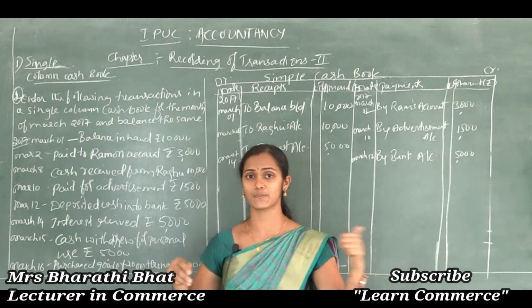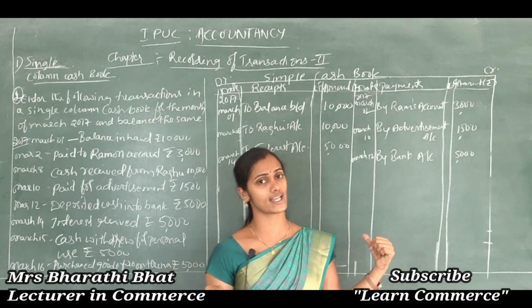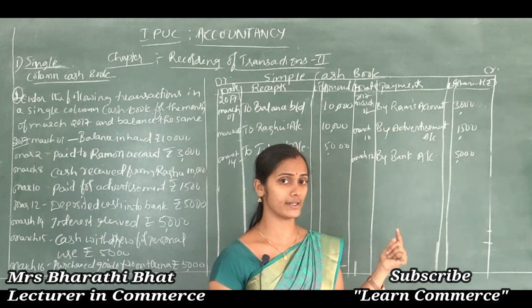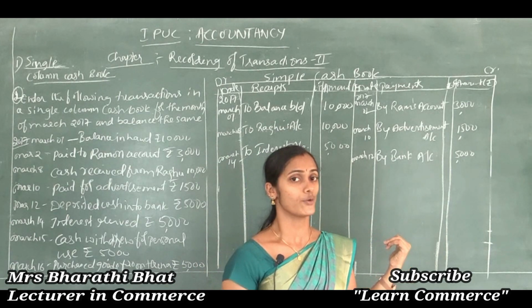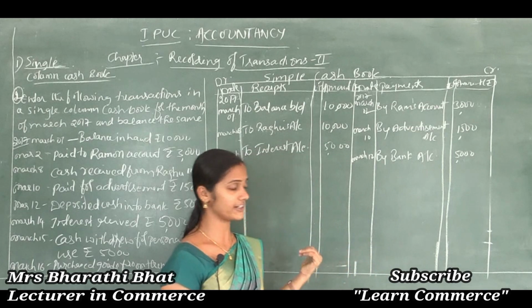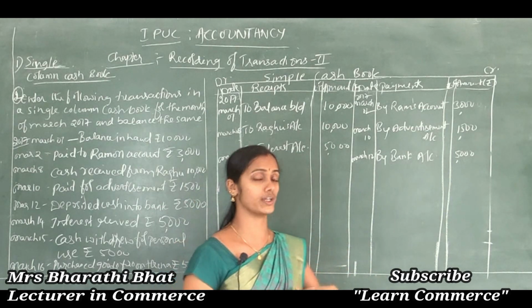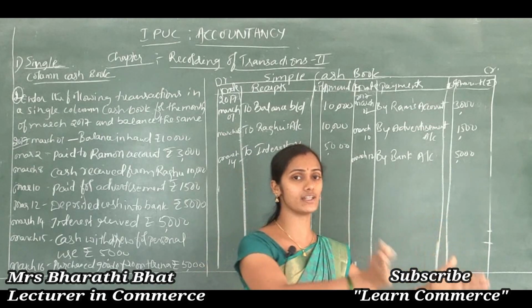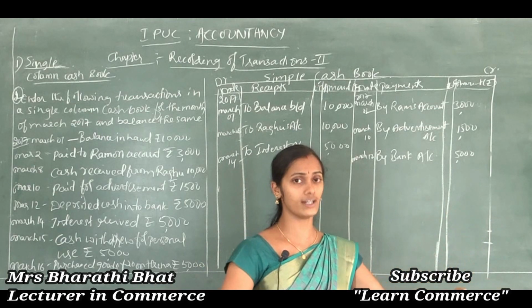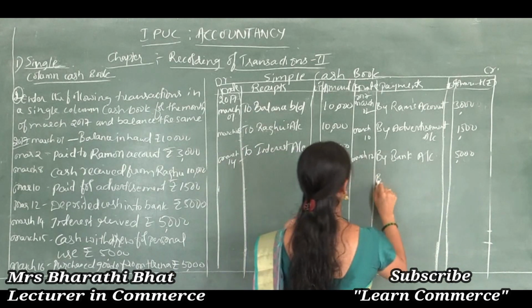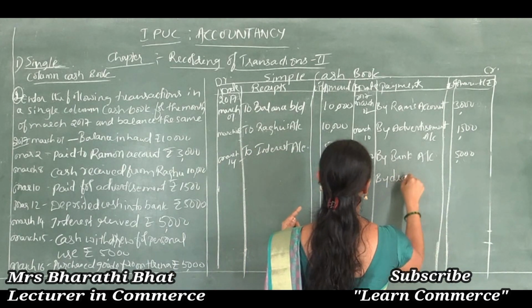Does drawings come under the debit side or credit side, whether it is a payment or receipt? Yes, when we analyze from the viewpoint of the business, the drawings amount is considered as payments. The organization is giving some amount to the owner, that's why it comes under the payment side. How can we write?